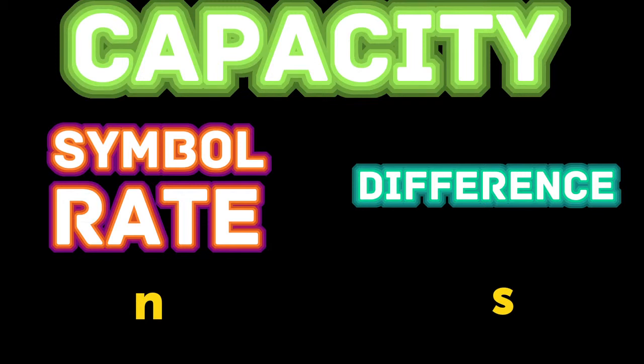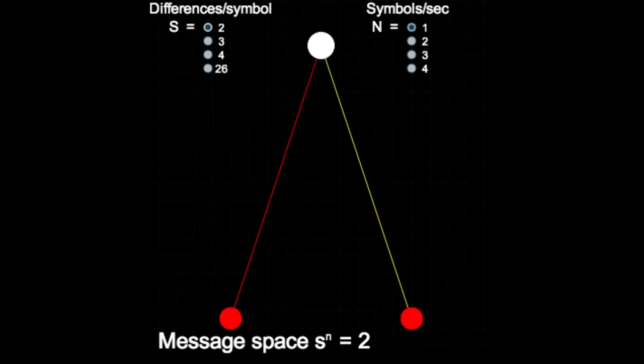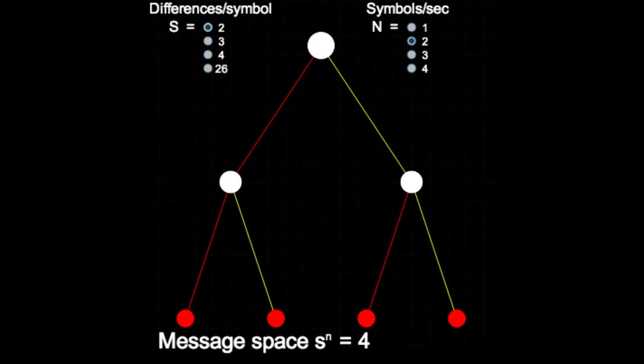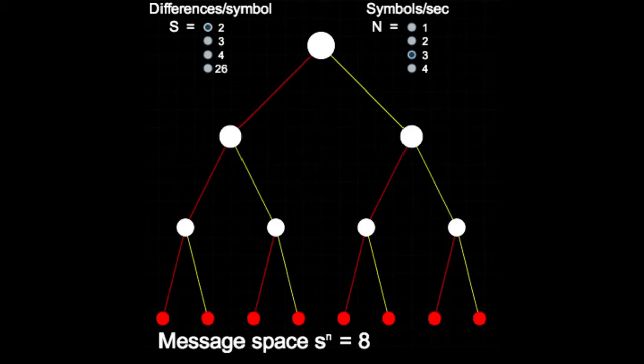And as we've seen before, these parameters can be thought of as a decision tree of possibilities, because each symbol can be thought of as a decision where the number of branches depend on the number of differences. And after n symbols, we have a tree with S to the power of n leaves.